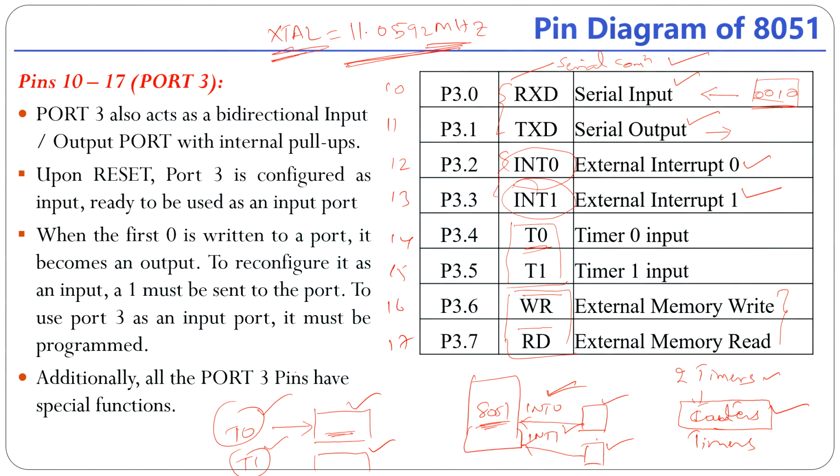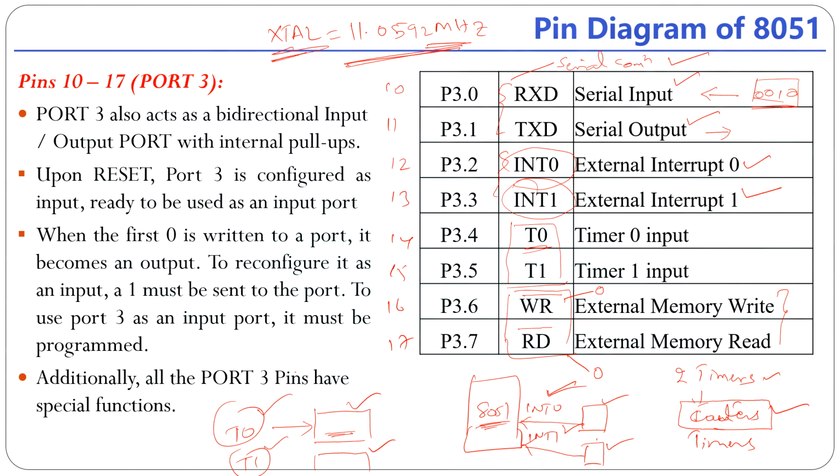When the 8051 wants to read data, it will assert logic 0 on the RD bar signal, which is connected to the RD bar signal of the data memory. Similarly, write bar equal to 0 means the 8051 microcontroller is writing information onto external data memory. So these two are for external data memory access.